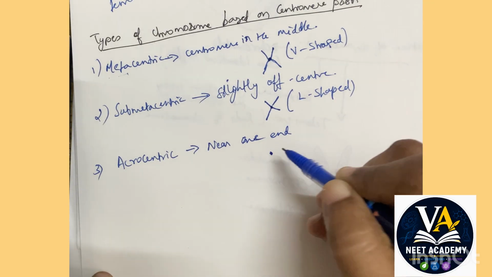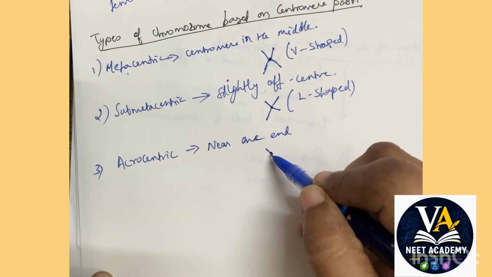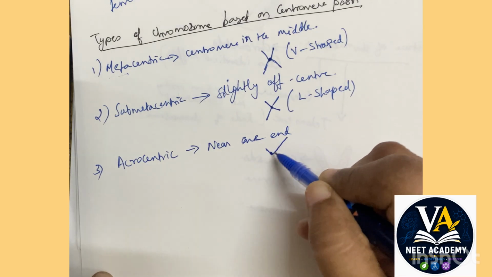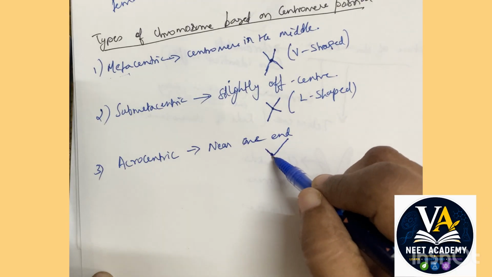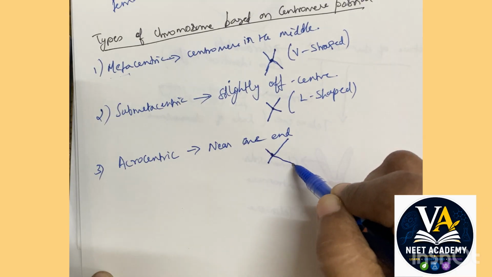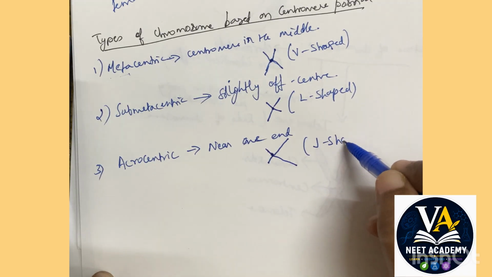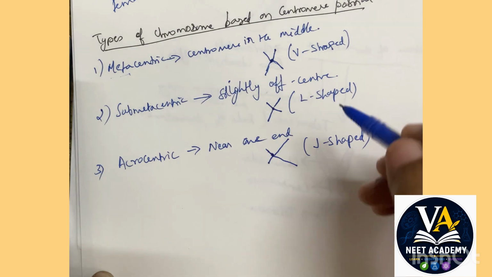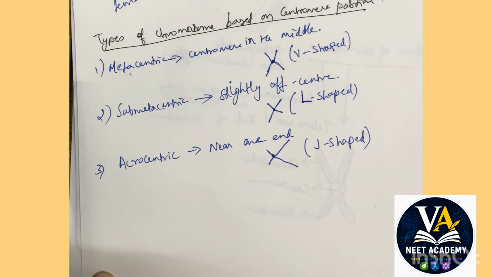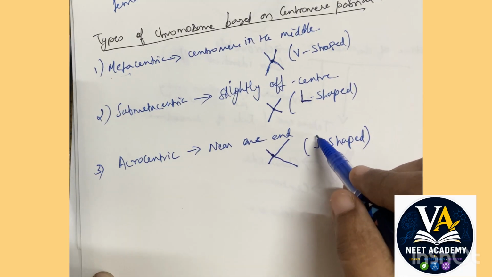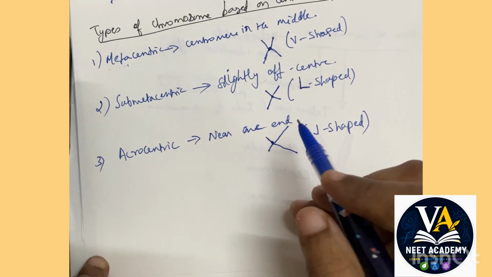If I draw the centromere here, almost near one end of the chromatid, one arm is very large and the other arm is very short, giving you a J-shaped structure. Okay, L-shaped, one is longer, the other slightly shorter. Here one is very much longer and the other is very short. Acrocentric, you should know the difference.